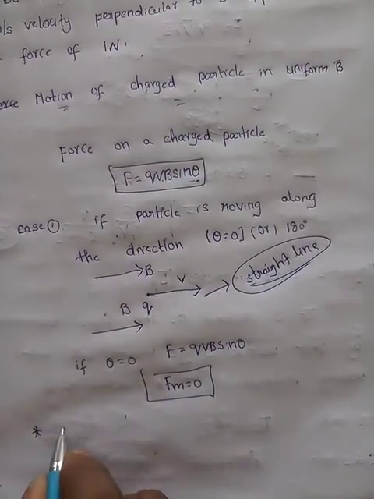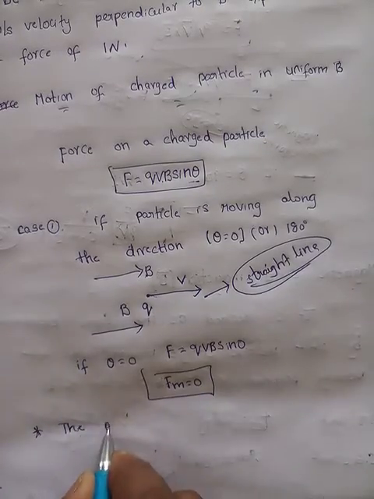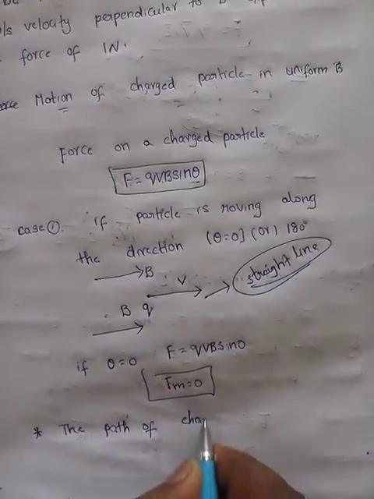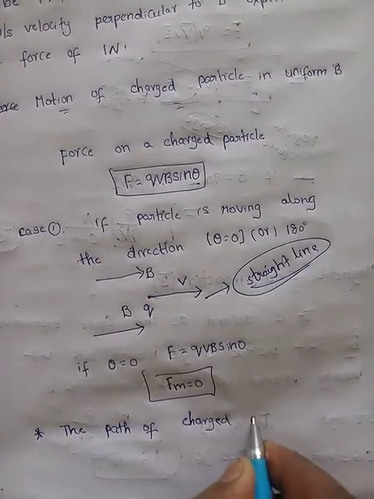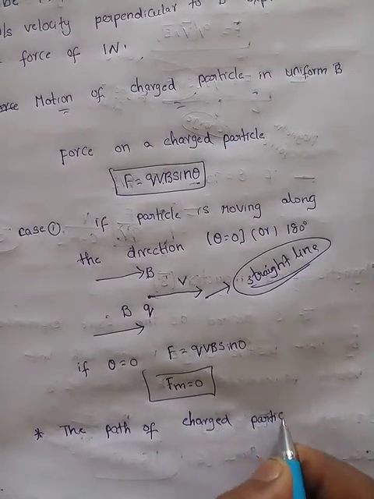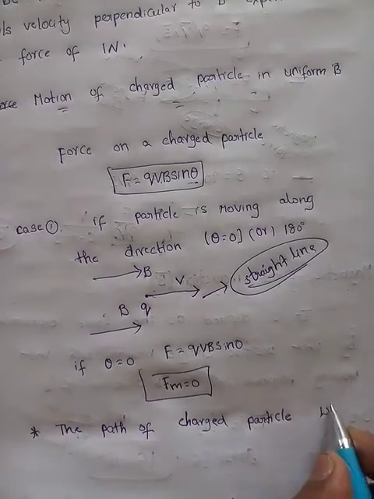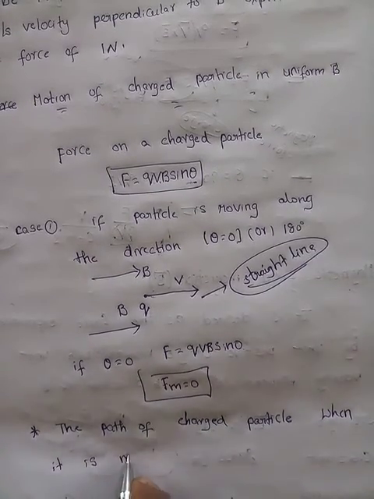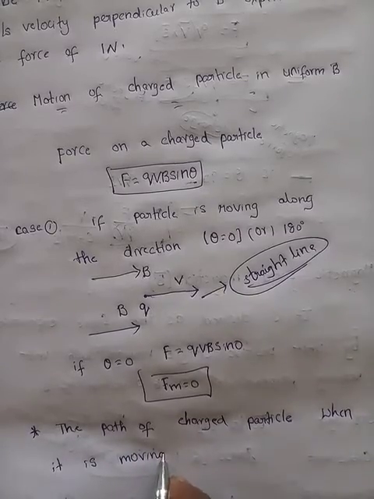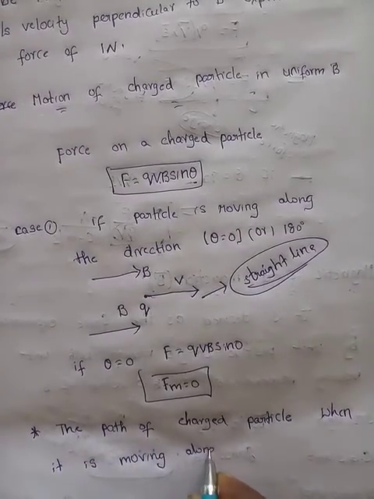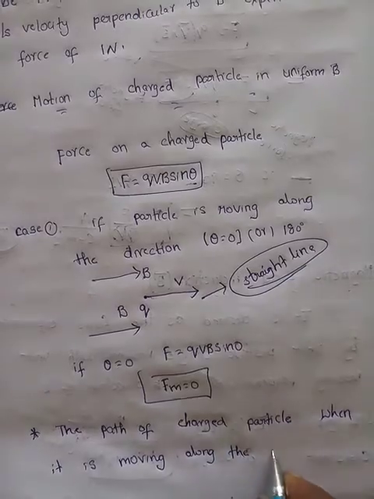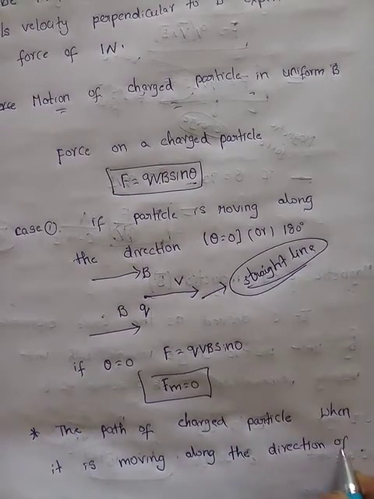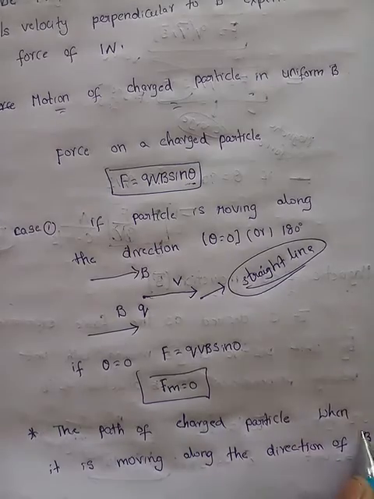That is, the path of a charged particle when it is moving along the direction of the magnetic field.